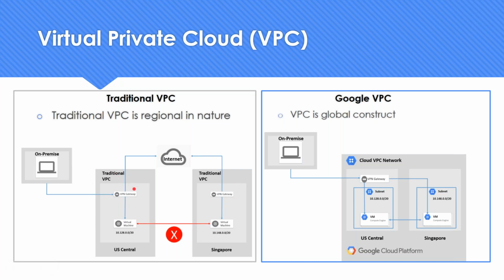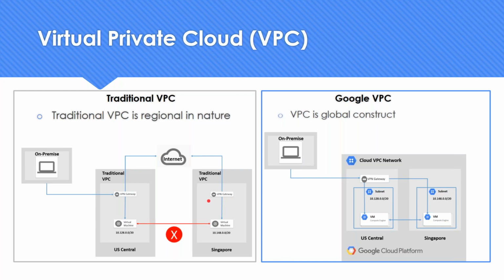So this is one of the known issues in a traditional virtual private network or VPC. You have to always use VPN. Now, if there are only 2 regions, you have to have the VPN setup. If 3 regions, one more VPN setup. 4 regions, one more.